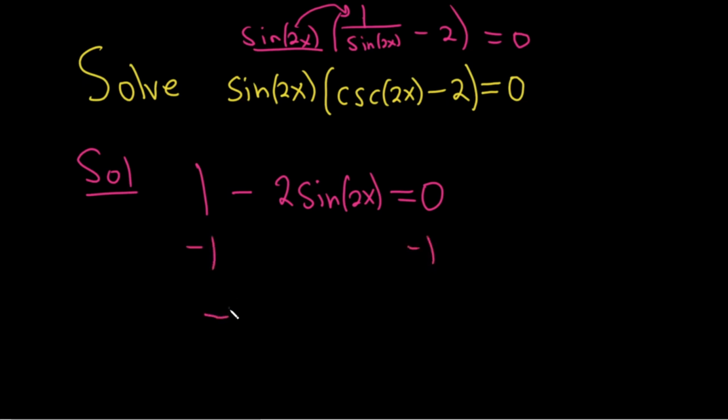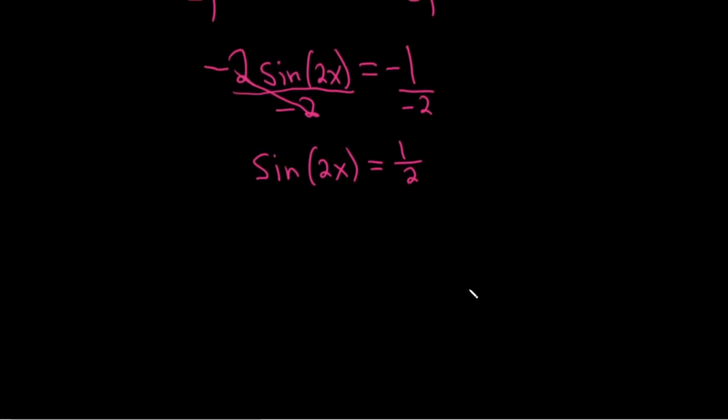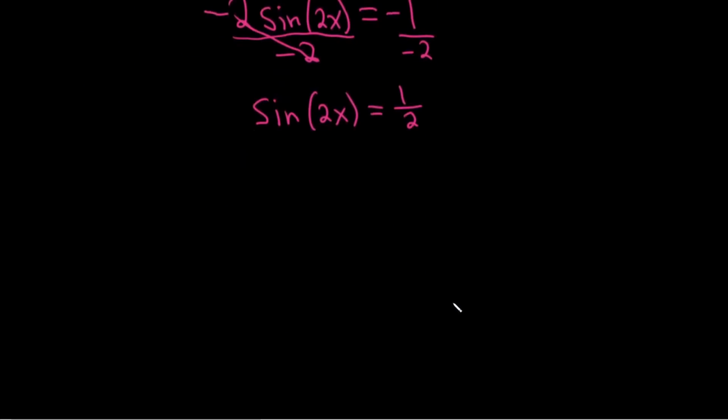So we get negative 2 sine 2x, and that's equal to negative 1. And then we can just divide both sides by negative 2. That gives us sine 2x, and that's equal to 1 over 2. And we have to find all solutions for which this is true.